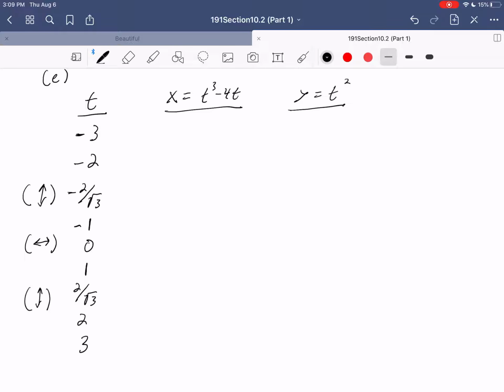As we do this, let's plug in the -3 here. That looks like it's going to be -27 plus 12, so that's -15 there. And then this one is going to give us 9. For -2, it looks like it's going to be -8 plus 8, so 0, and y will be 4 there. This -2 over root 3, like we said, is a little bit above 1, about 1.17, 1.2 or so.